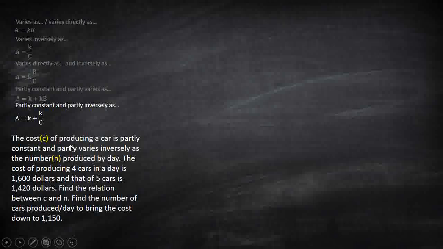The cost C of producing a car is partly a constant and partly varies inversely as the number n produced per day. The question says C is partly constant and partly varies inversely as n. So C is equal to the first k plus the second k divided by n.